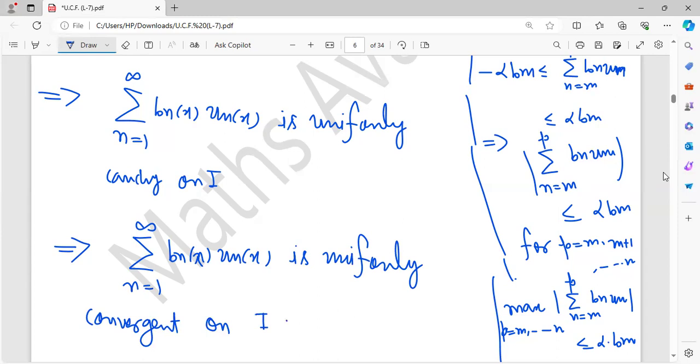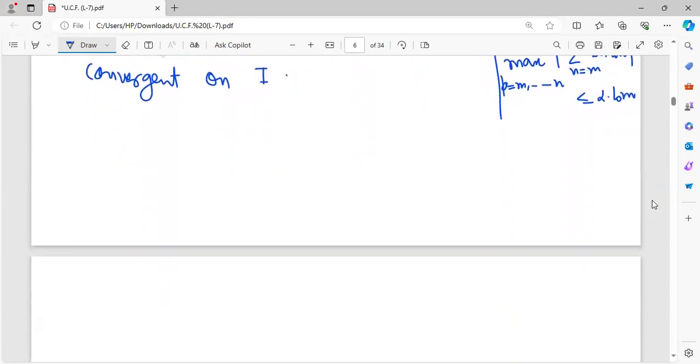Okay. So let's see some examples on this theorem or test. Example number 1. So I am seeing this example.